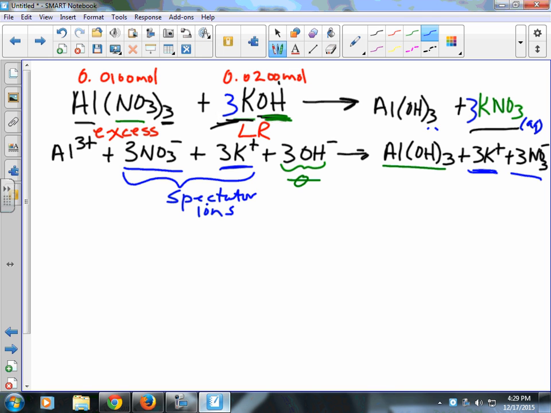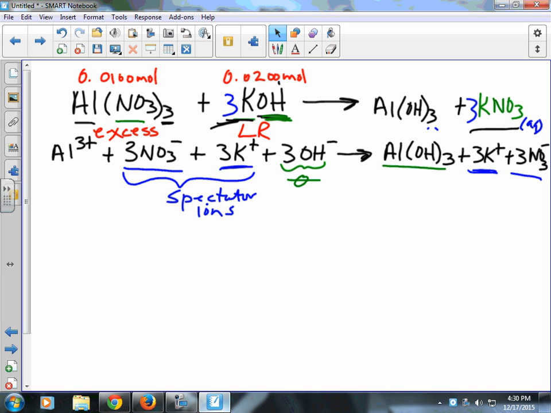So that means nothing happened to them. However many moles of it we started with, we still have that in the solution. Nothing happened to them. They're not tied up in this aluminum hydroxide precipitate. So that'll be easy to get the concentration of. So we'll do that last.